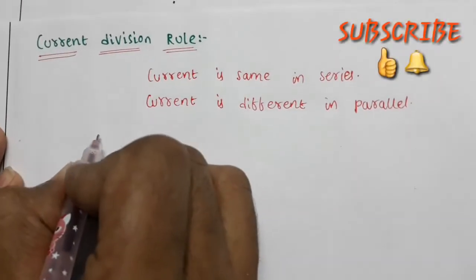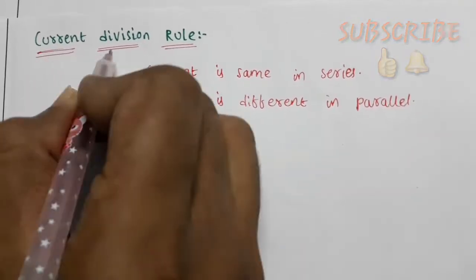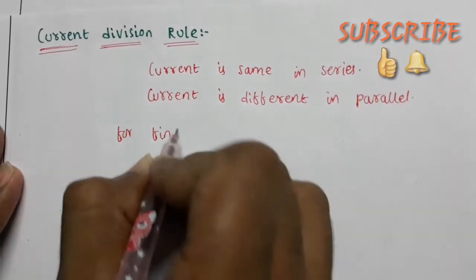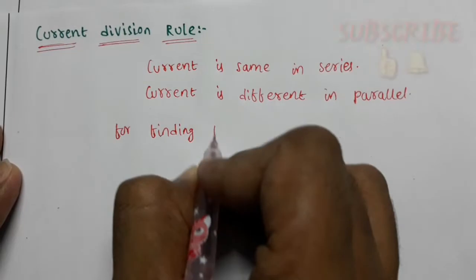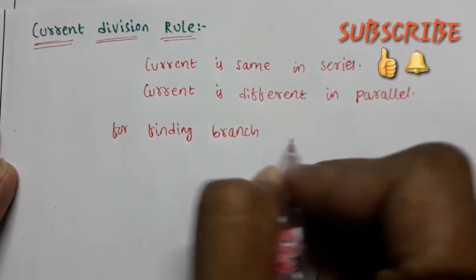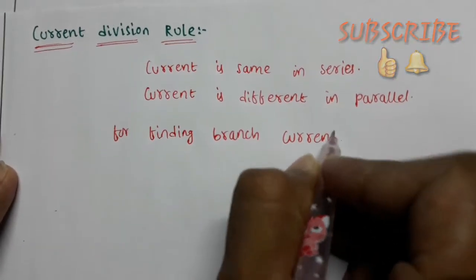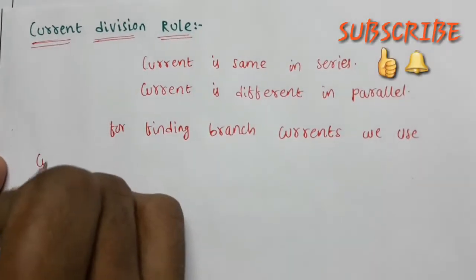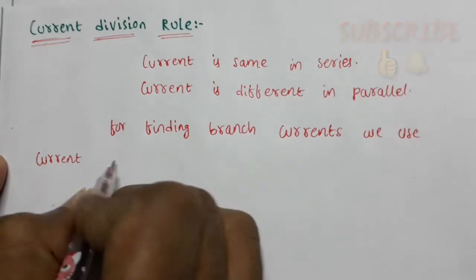So, to find the branch current, we use current division rule. For finding branch currents, we use current division rule.